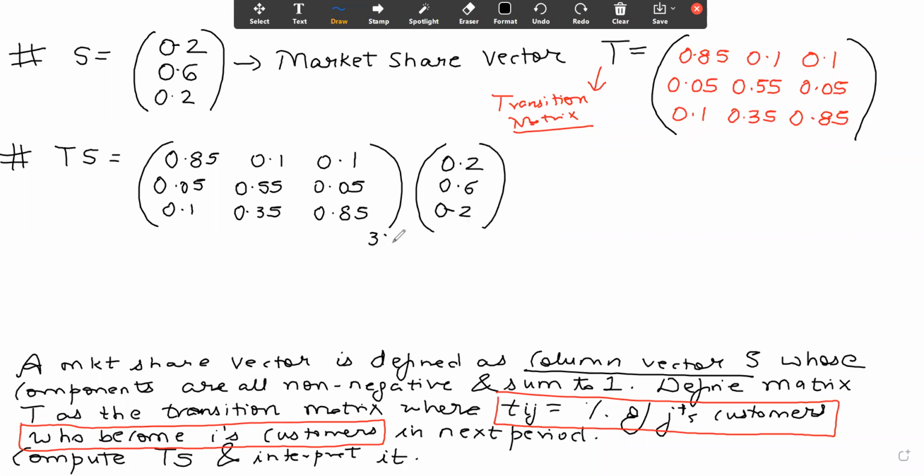You can see it's a 3 cross 3 and a 3 cross 1. Is matrix multiplication possible? Yes, because the columns of the first matrix exactly equal the rows of the second matrix. So can we compute it? This into this plus this into this plus this into this. What will we get? You can work it out.